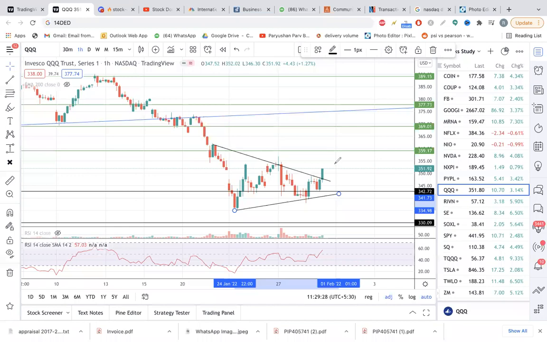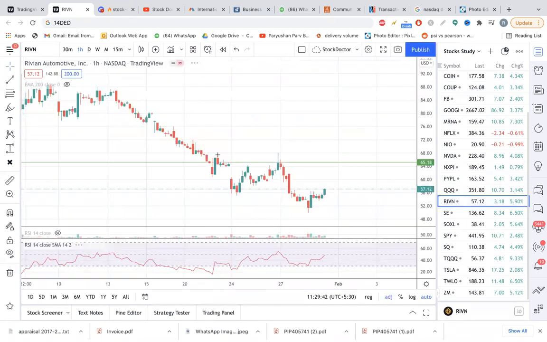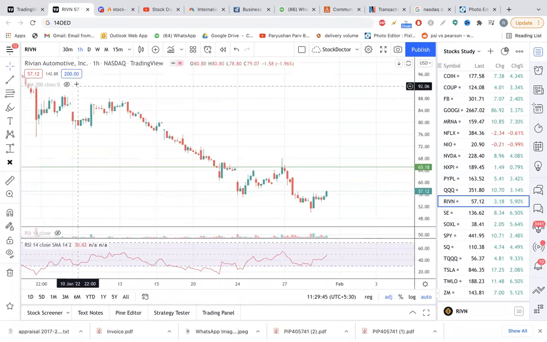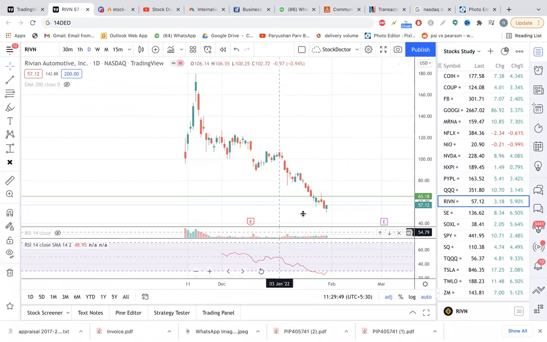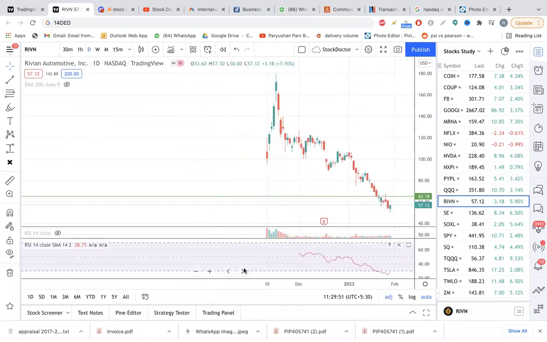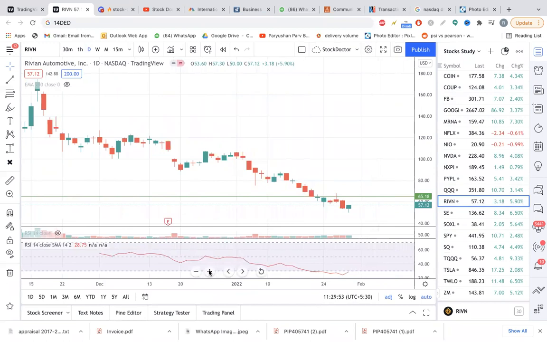Then high probability for this stock to go towards 360, 370 and 377. Okay, so now we have the next stock called RIVN, automobile. So for this stock, just a moment, you can see here kind of a hammer.